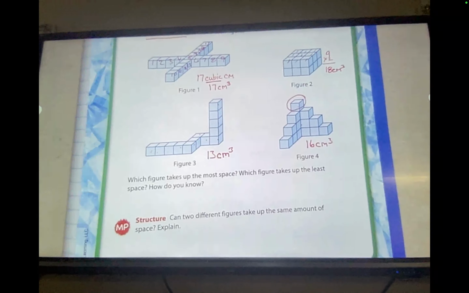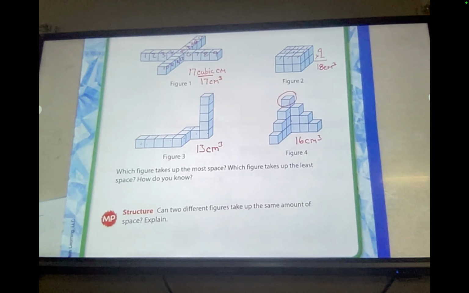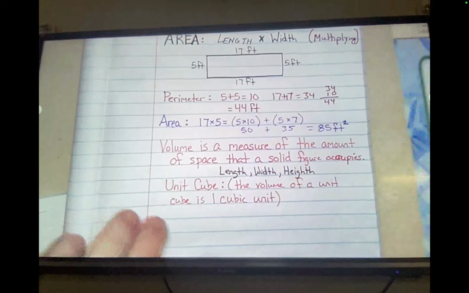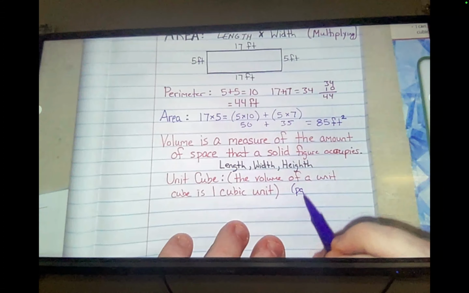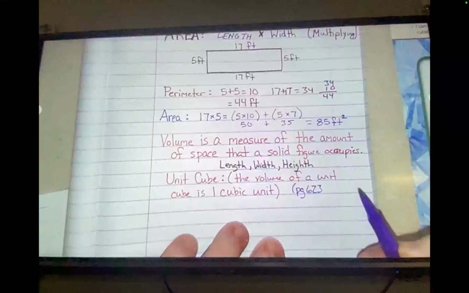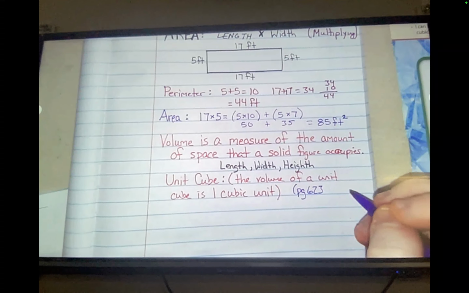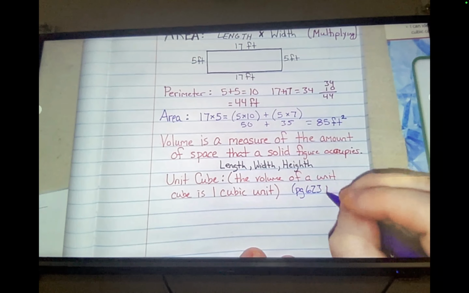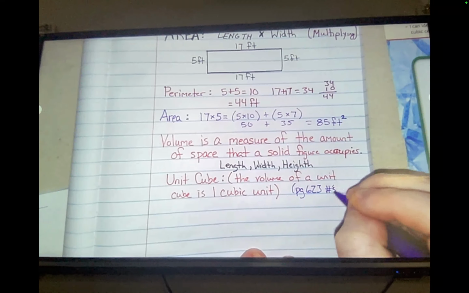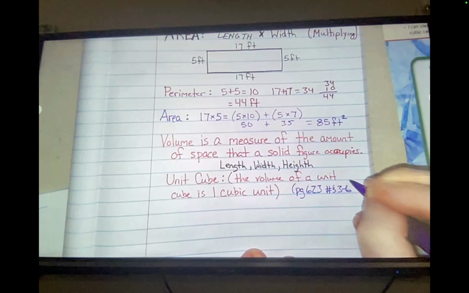So what I want you to do is turn into your workbook on page 623. So turn to page 623. And I want you to do numbers 3 through 6.